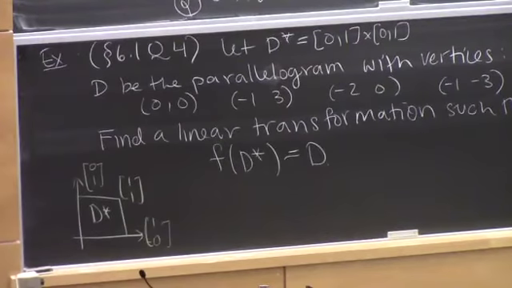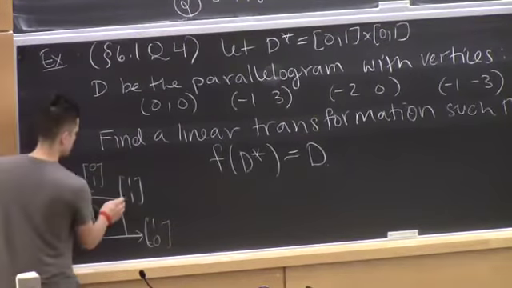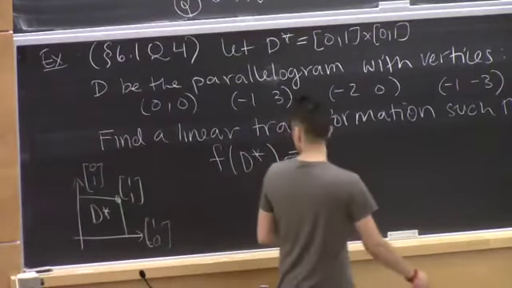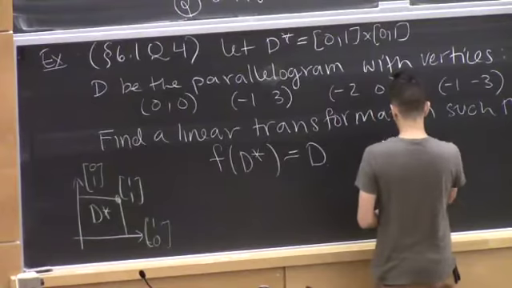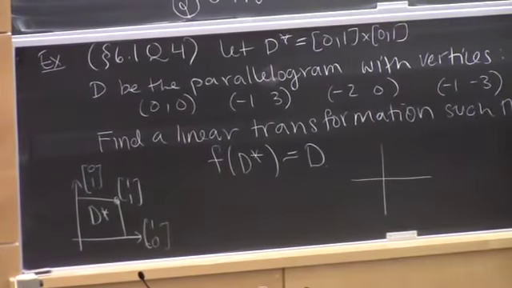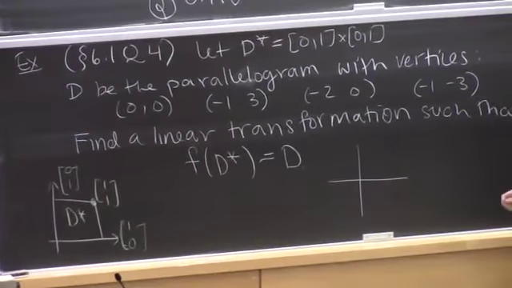So there's our domain, D star. And we want to map it onto the domain D, which looks like this.